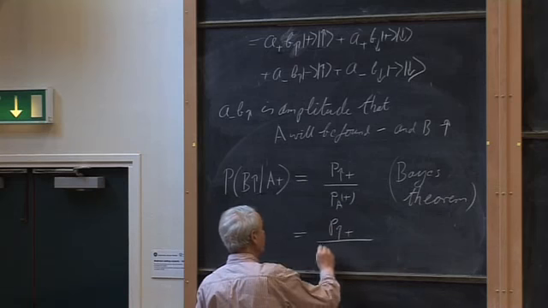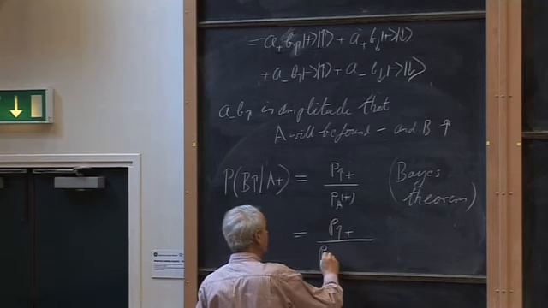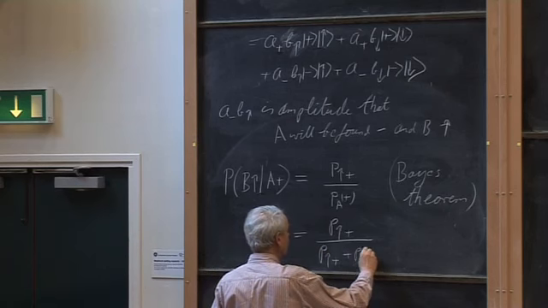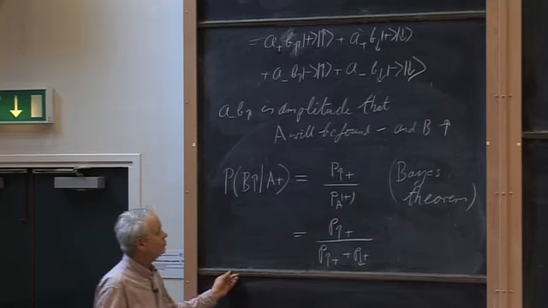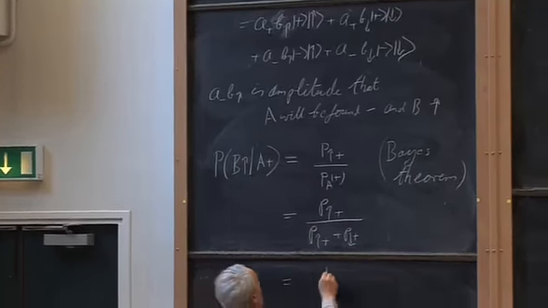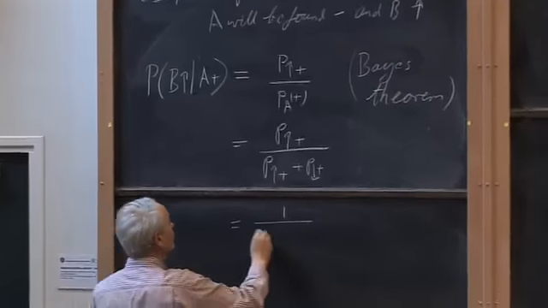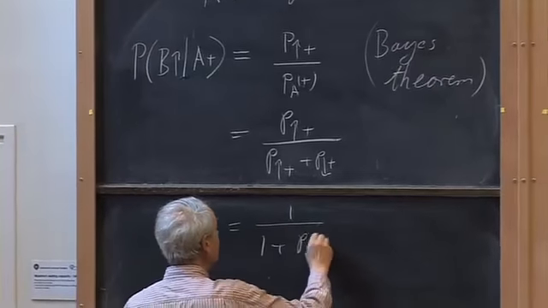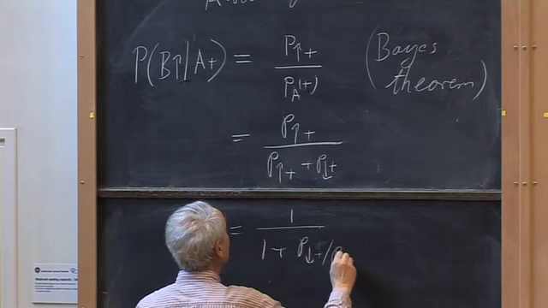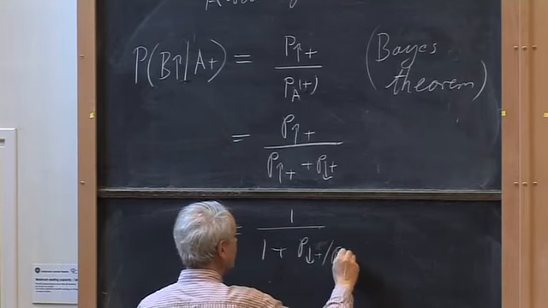So this probability on the bottom is P up plus P down plus. So what is this? This is equal to 1 over, dividing through, 1 plus P down plus over P up plus.